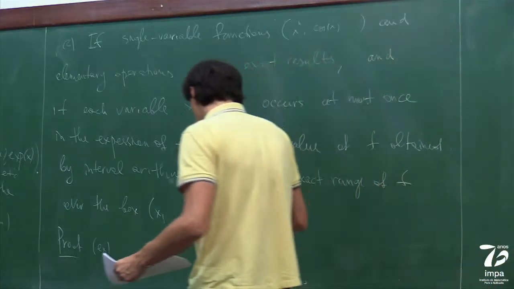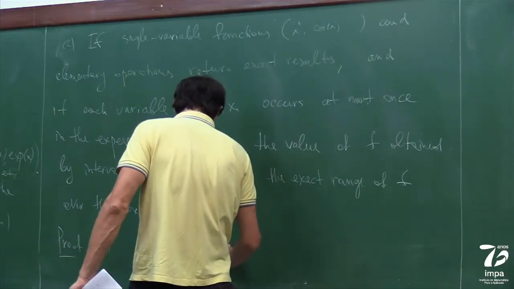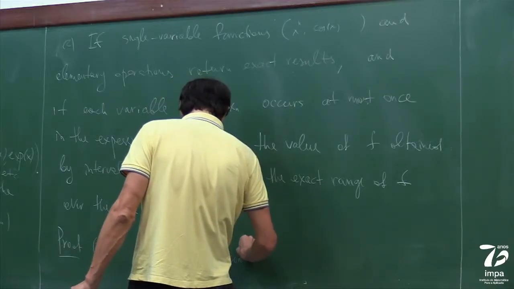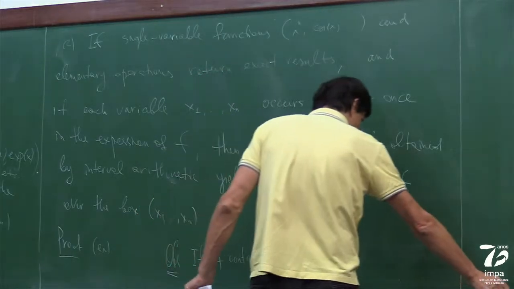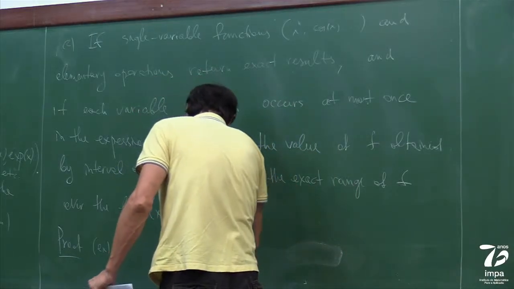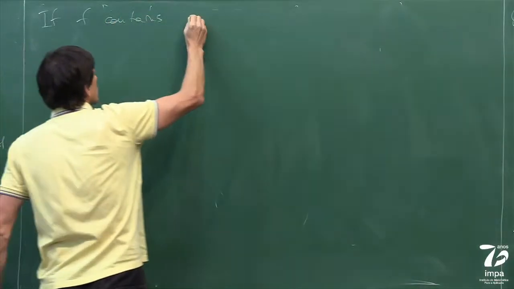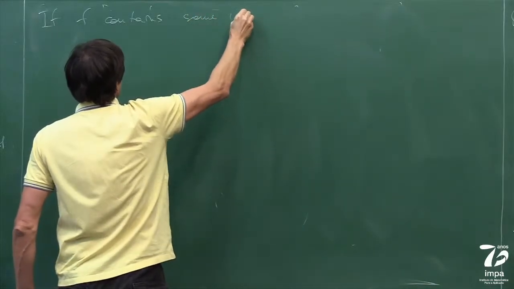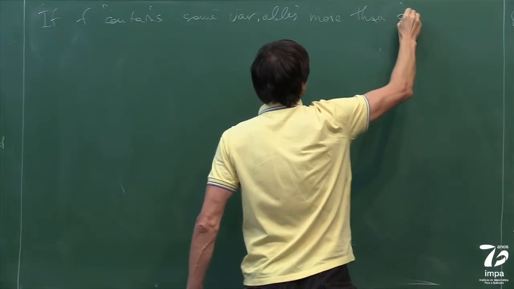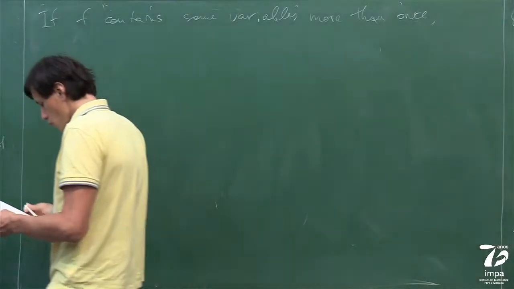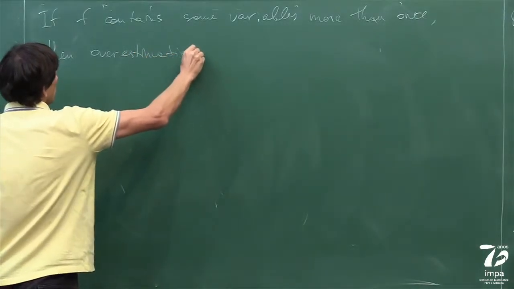Okay, so let's just repeat. If f contains some variables more than once, then overestimation can occur.